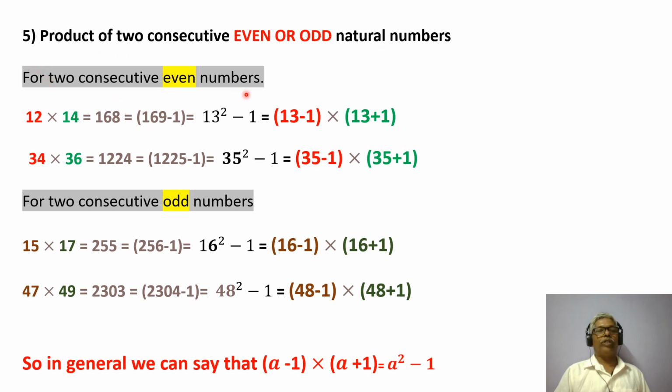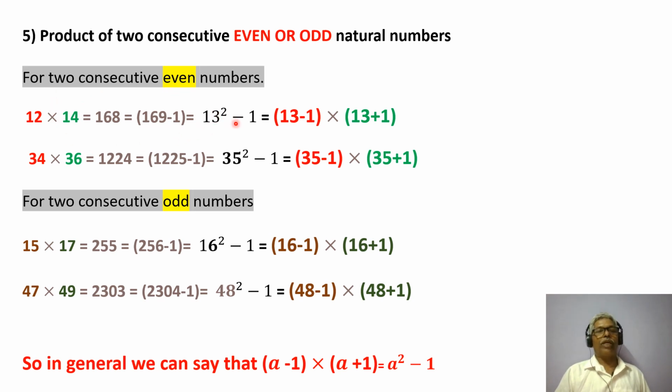Two consecutive even numbers. Take two consecutive even numbers, 12 into 14. The multiplication of this answer is 168. So that is equal to 169 minus 1, and 169 is 13 square. The 13 square minus 1. See, 13 lies in between these two. We have taken a pair of consecutive even numbers, and the number which lies in between these two is this.